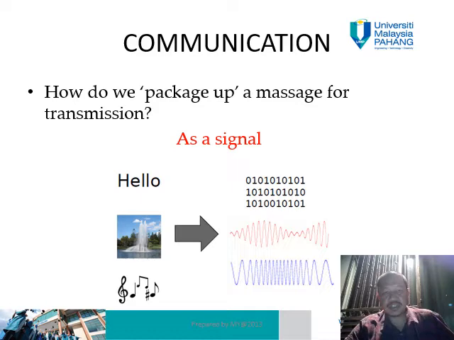So we change the picture to an AM, amplitude modulated signal, or we can change the music or the sound into a frequency modulated signal, FM signal. This process we will discuss later. We will discuss further the conversion of this signal later in this subject.